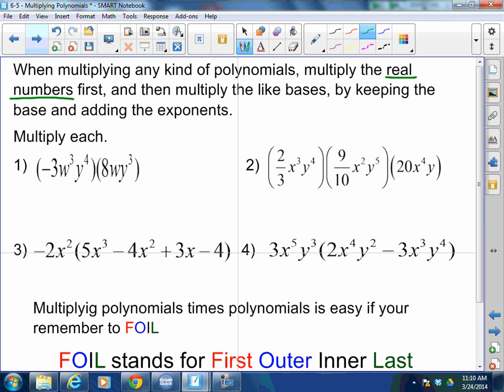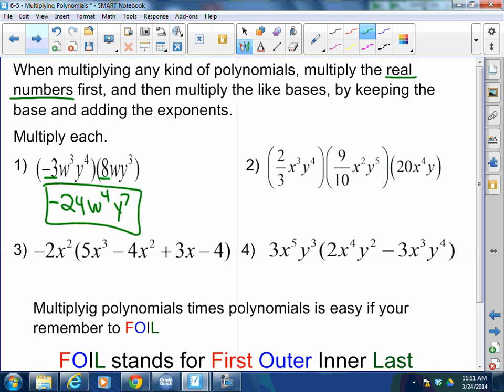So for number 1, negative 3w cubed y to the 4th times 8wy cubed. Numbers first. What's negative 3 times 8? Negative 24. Now the variables. W to the 4th, y to the 7th. Done. Thank you. Awesome.